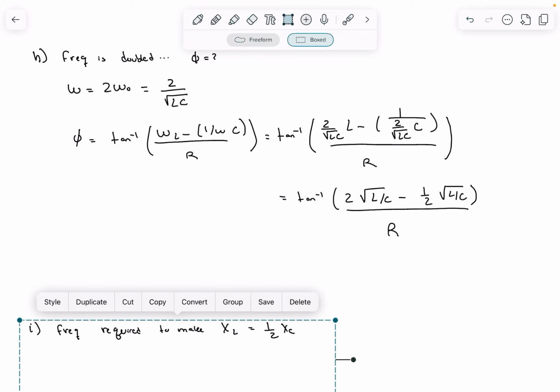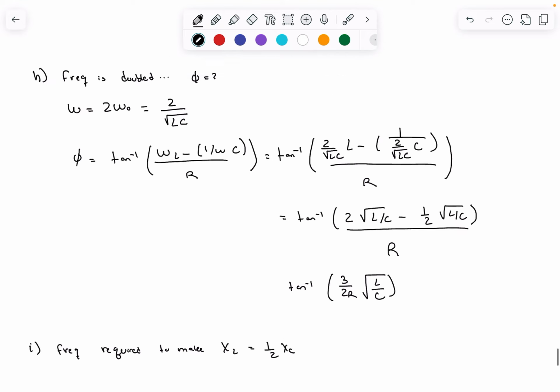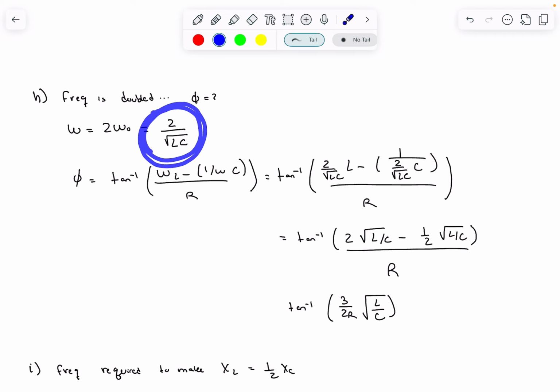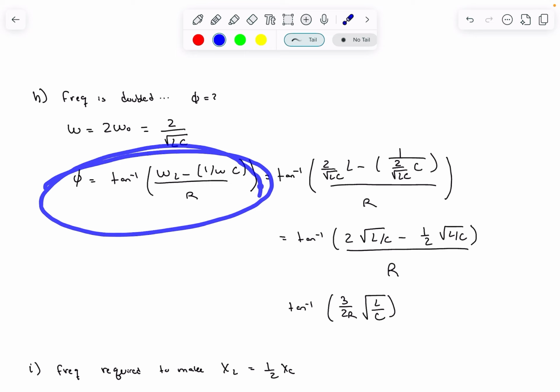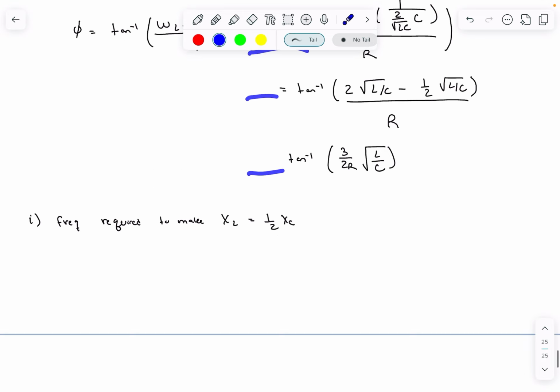I'll move this down here, and this becomes tan minus 1 of 3 over 2R times square root of L over C. All we did was recognize that frequency being doubled just means that omega is equal to 2 times omega naught. We knew what omega naught was from a previous problem, so doubled it's going to be this. We write out our equation for the phase, and whenever we see omega, we put this inside. From that point on, it's just simplification. And that's it for this question.